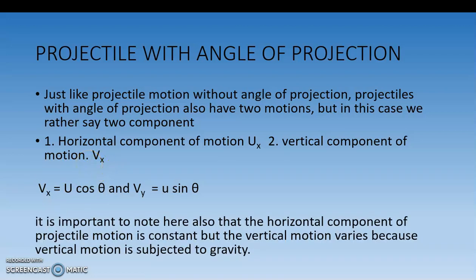It is important to note here also that the horizontal component of projectile motion is constant, but the vertical motion varies because vertical motion is influenced or is affected by gravity.